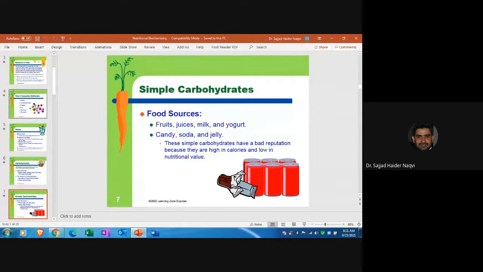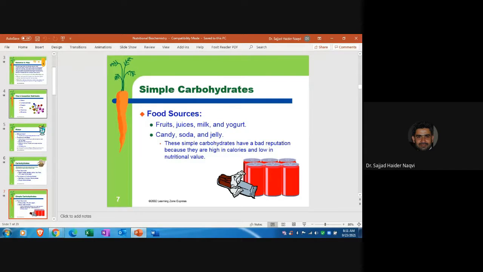These simple carbohydrates have a bad reputation because they are high in calories and low in nutritional value. You have mostly heard that we need to prevent ourselves from eating white sugar, whether it comes in the form of soft drinks or sodas or jellies or chocolates, and so on and so forth.